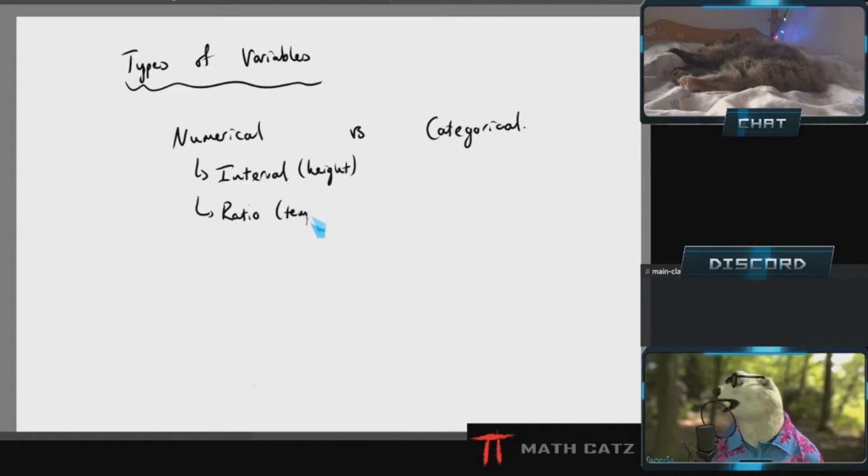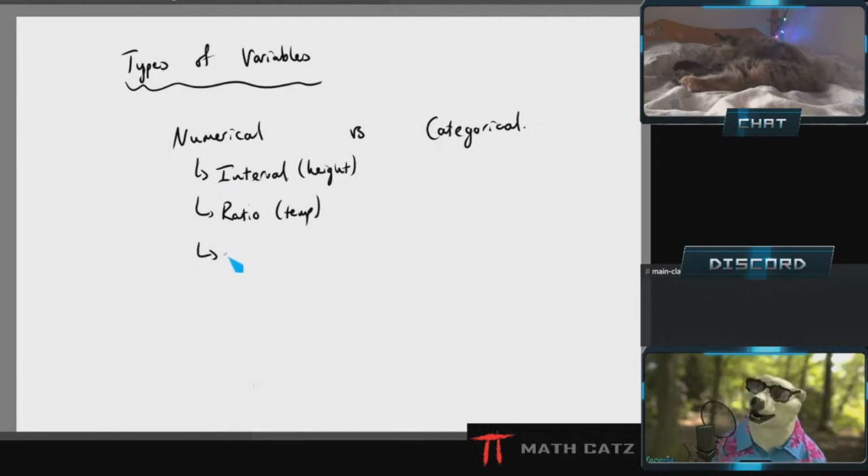Think of it like temperature, where it has a 0, where a height of 0 among people is not really meaningful, right? How can I get a height of 0? But I can get a temperature of 0. So I have this 0 reference. But in all honesty, in our introduction, for the most part, it's not something you have to really worry about differentiating between these two.